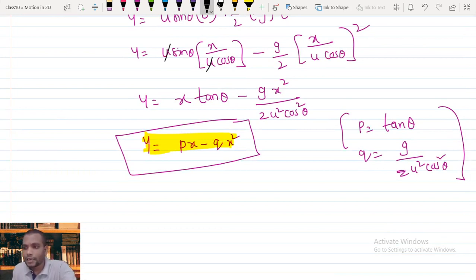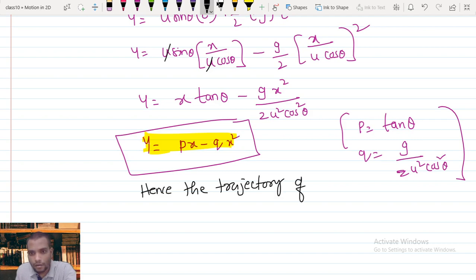The y is a quadratic function of x, hence the trajectory of a projectile is a parabola.